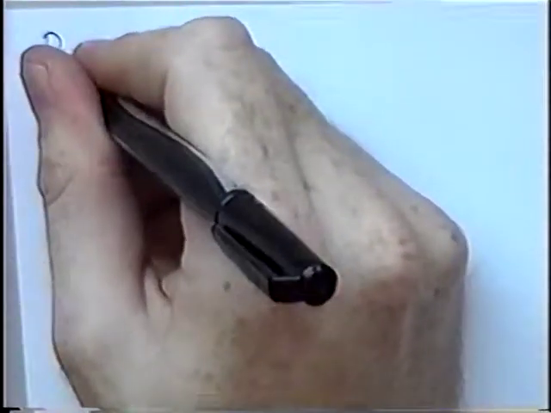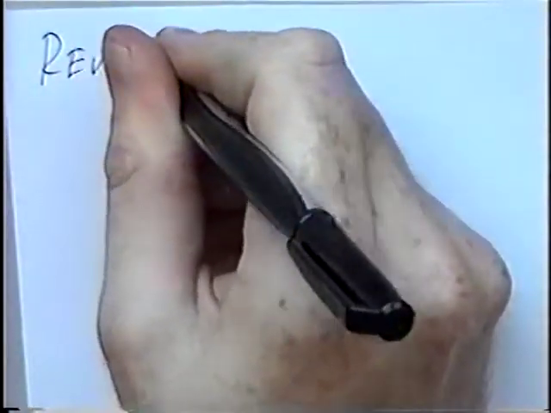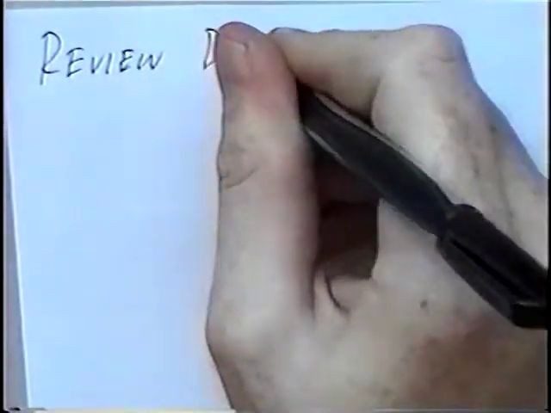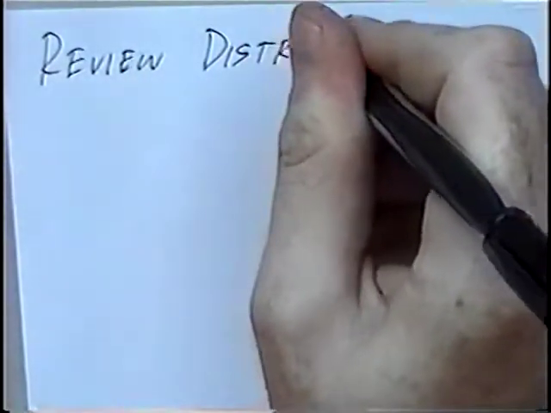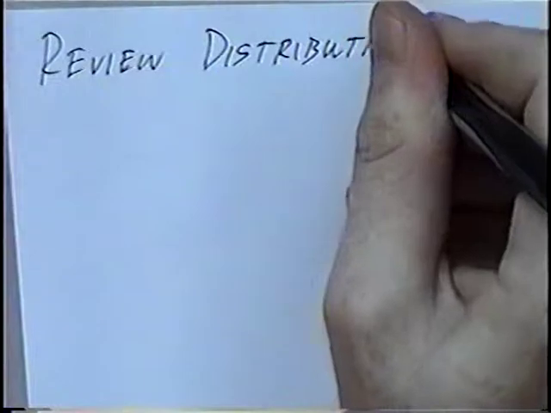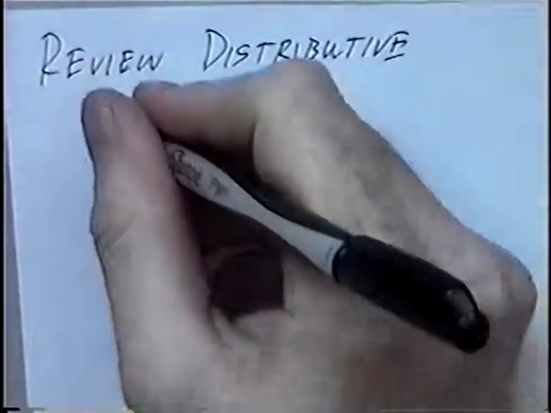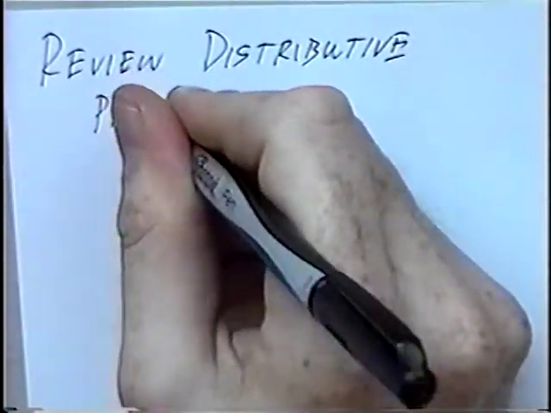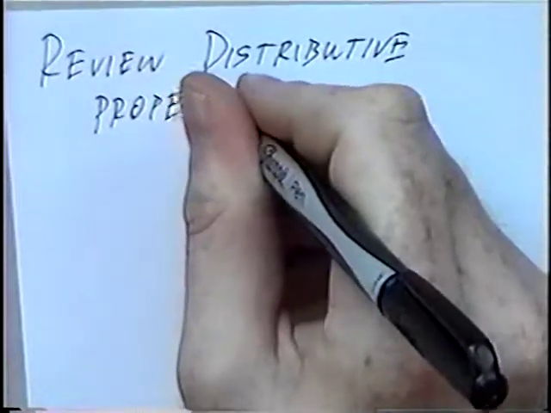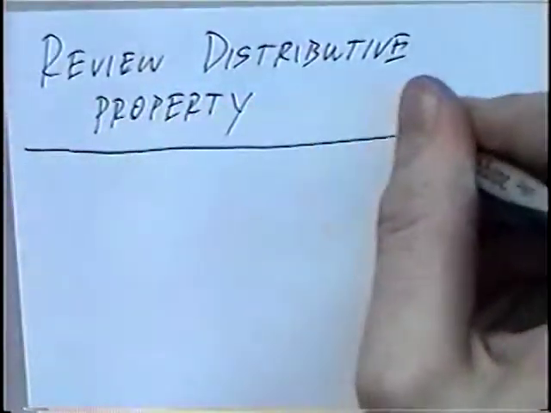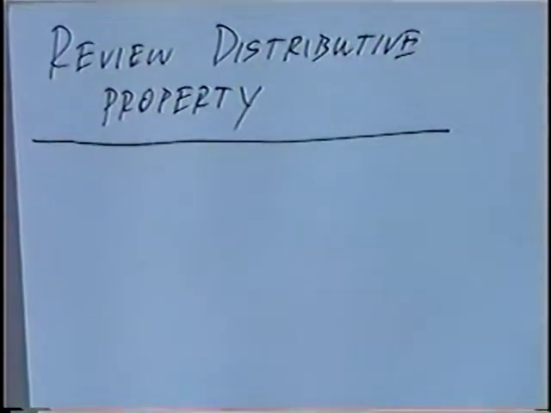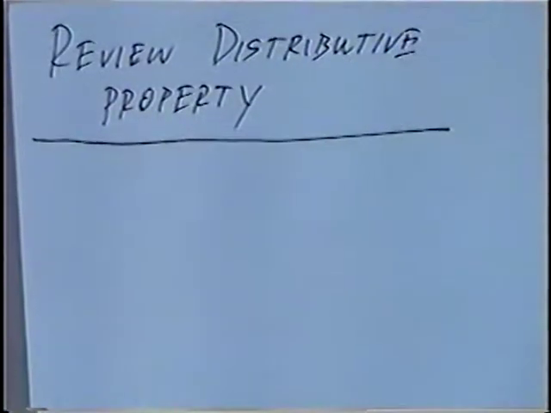Title of the first section today is Review, Distributive Property. In these questions, we'll distribute or multiply the number outside the parentheses.